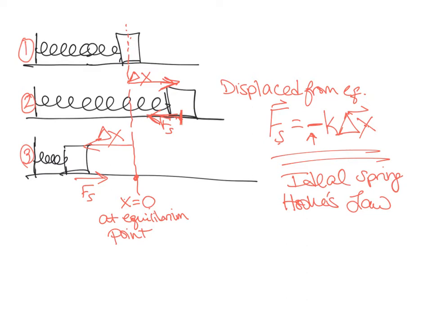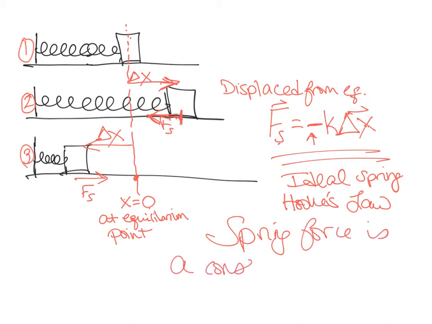Now, guess what? The spring force is a conservative force. So anytime there's a conservative force, it's going to have something associated with it. And that thing is energy. Okay?